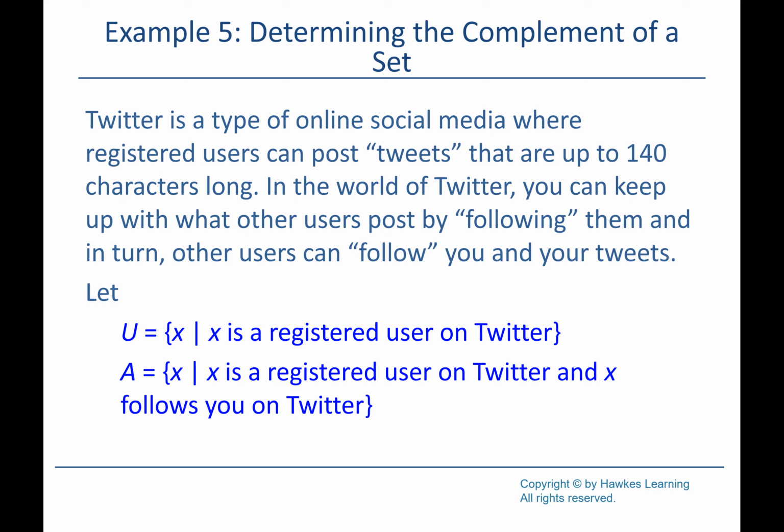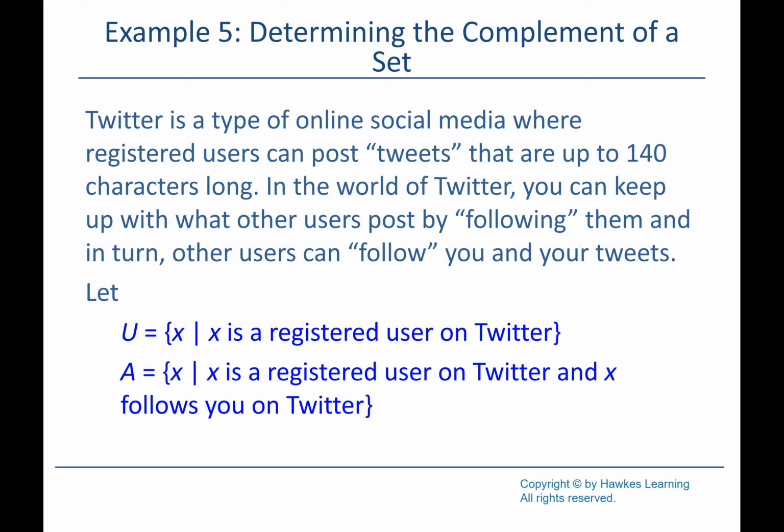So let's look at our setup here. Our universal set, how do we read this? This is the set of all x's such that x is a registered user on Twitter. So these are all the people that are registered users on Twitter. Set A is the set of all x's such that x is a registered user on Twitter and x follows you on Twitter.